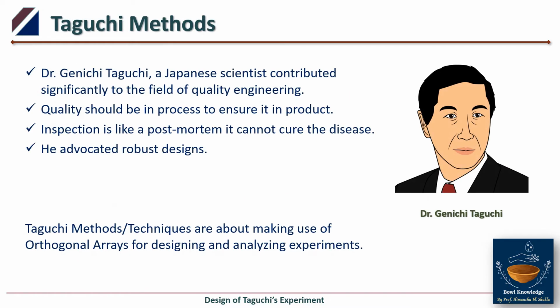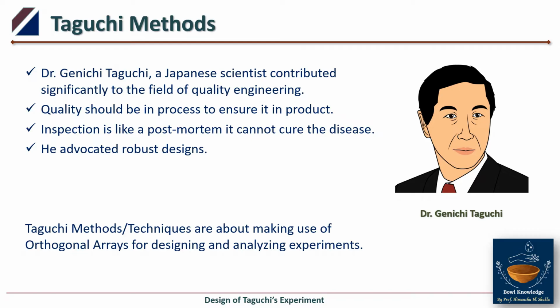Then coming to Taguchi methods. So it is the methods proposed by Dr. Genichi Taguchi, a Japanese scientist who contributed significantly to the field of quality engineering. Now, as per Dr. Taguchi, quality should be in the process to ensure it in the product. Now, traditionally, what we do, we always inspect the quality in product.